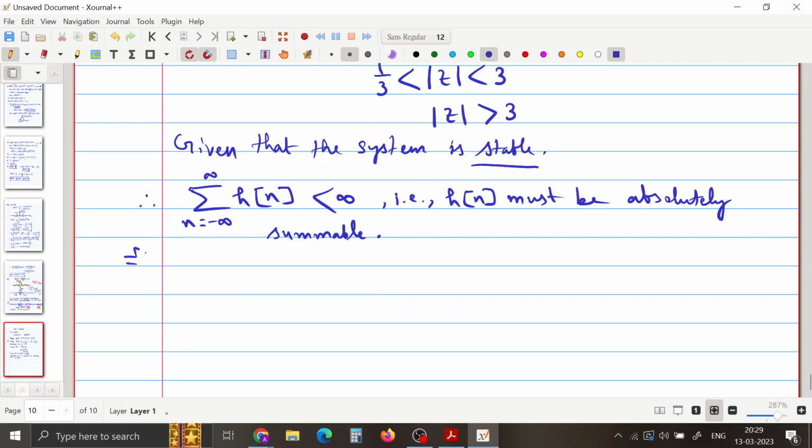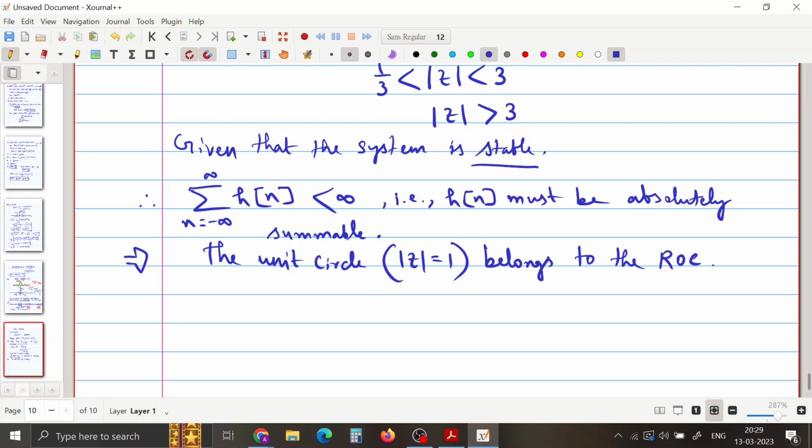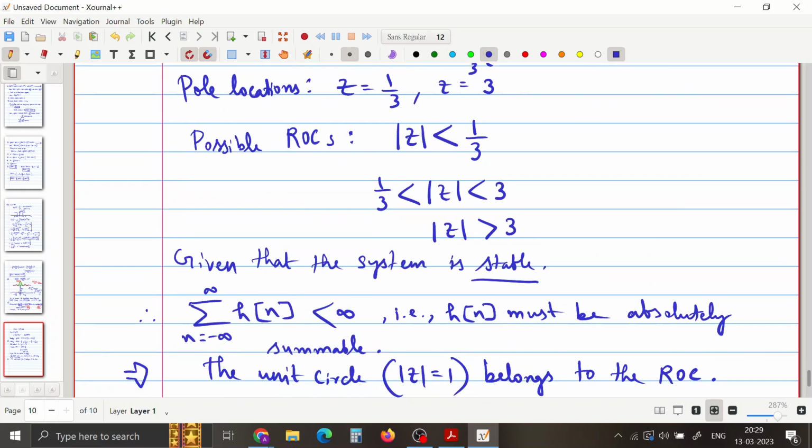This implies that the unit circle, mod z equals 1, belongs to the ROC. Absolute summability implies the unit circle is a part of the ROC. Now given these possible choices for ROC, what is the correct choice, given that the unit circle is part of the ROC? Out of these three possibilities, we know that mod z equals 1 belongs to the ROC.